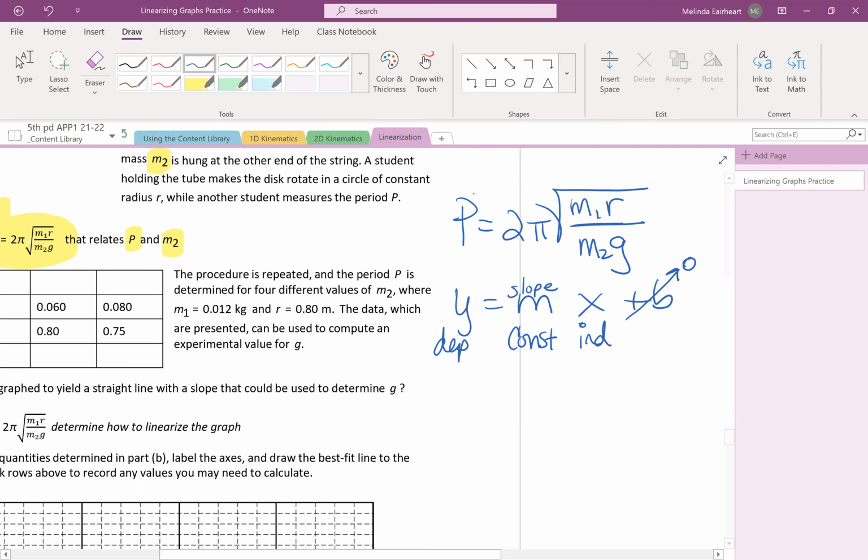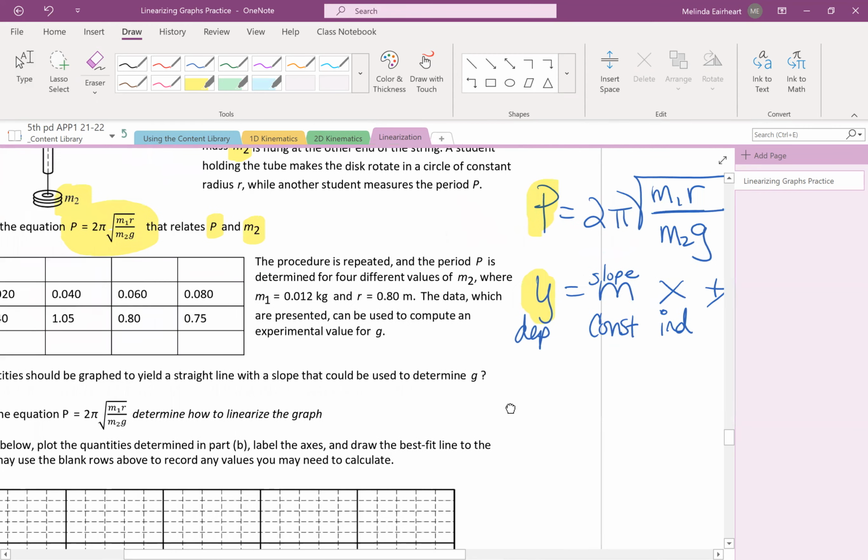Does it make sense that p, period, time, is on the y-axis? Yeah, okay, so it fits. So we can go on and just leave p alone. Leave it there. So what else is changing in the experiment that we're controlling? Look at your data table. What else is changing?